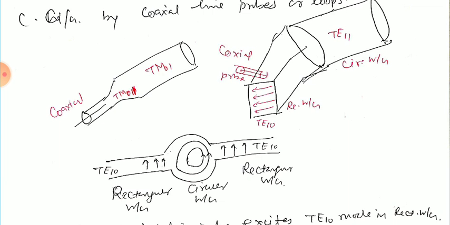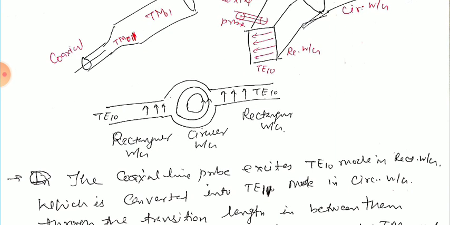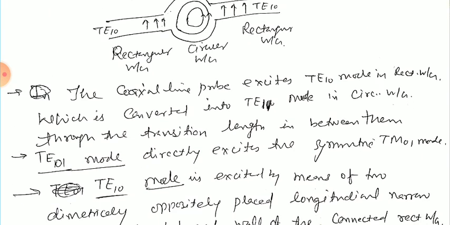So this is the technique by which we excite the TE11 mode in the circular waveguide. And the third, here the circular waveguide is connected to diagonally opposite rectangular waveguides. So the TE10 mode is on both outside sides, and then inside the circular waveguide it will again be the same condition, the TE11 mode.